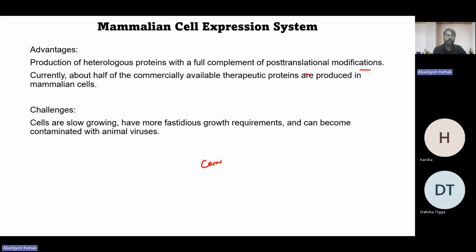If you need to produce other complex proteins, some human proteins which have a very intricate structure specific to humans, then you have to express such proteins in a mammalian host system. Commercially, about half of the available therapeutic proteins are produced in mammalian cells.